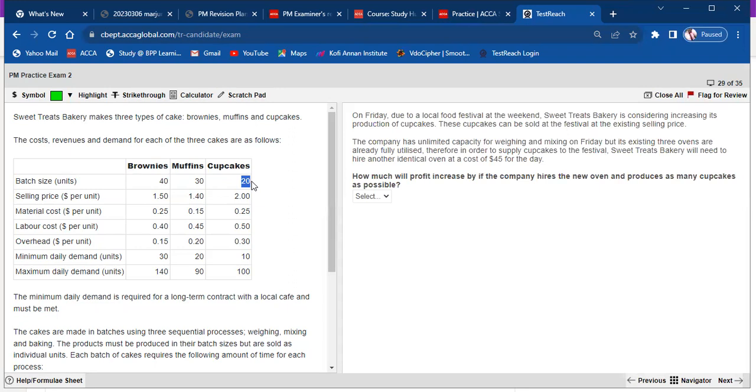So weighing and mixing on Friday are not limiting factors, bottlenecks. But its existing 3 ovens are already fully utilized. Therefore, in order to supply cupcakes to the festival, the company will need to hire another identical oven at a cost of $45 for the day. How much will profit increase by if the company hires the new oven and produces as many cupcakes as possible?